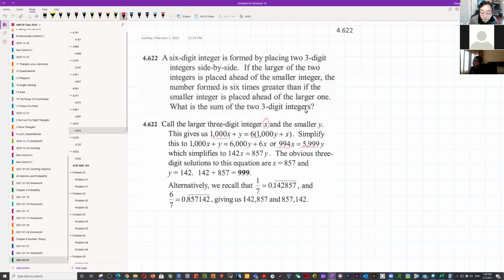Then you can simplify it to this format.